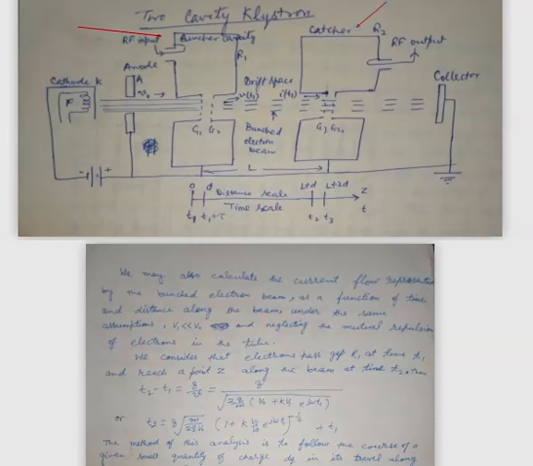And after that these electrons pass through the drift space between the buncher cavity and the catcher cavity.